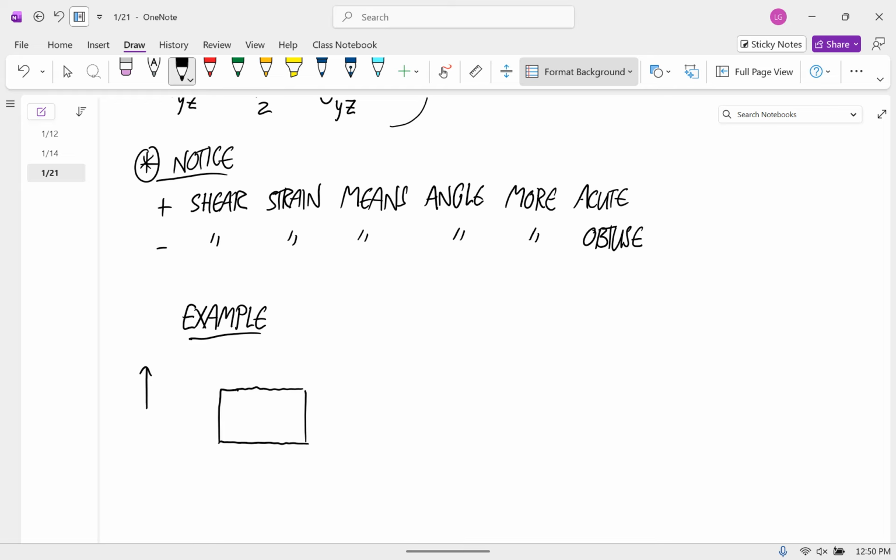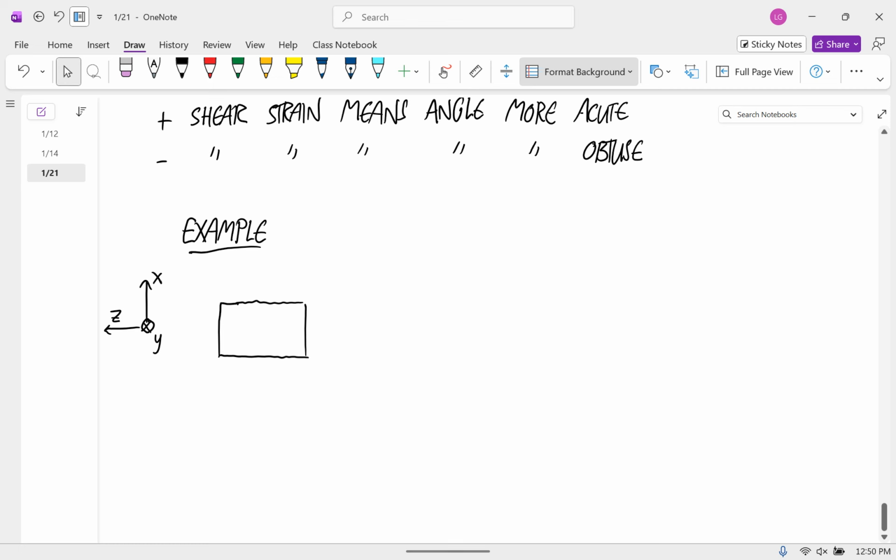I'm going to say that the positive x-axis is up, the y-axis is into the page, and the positive z-axis is over here. Okay. And then the deformation happens, and I'm exaggerating it, but we end up with angles like this. So let's say that we know that this angle is 1.43 radians.